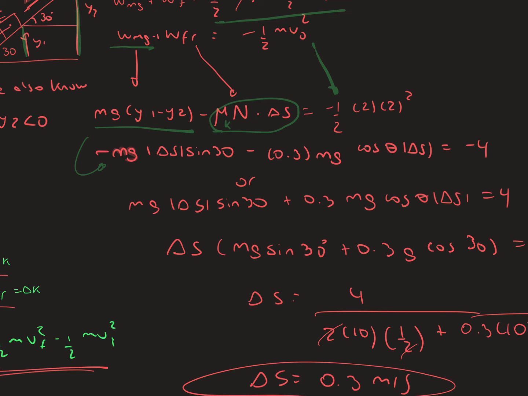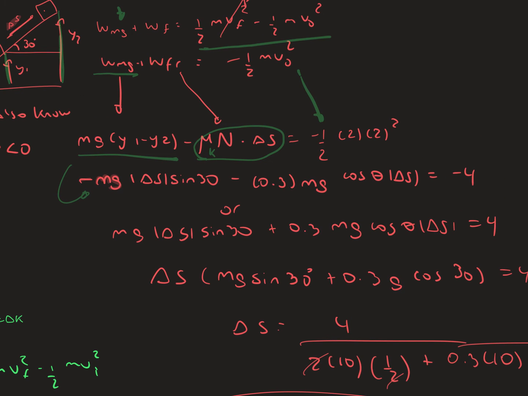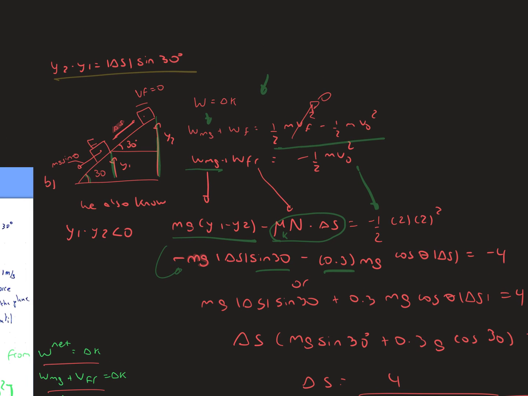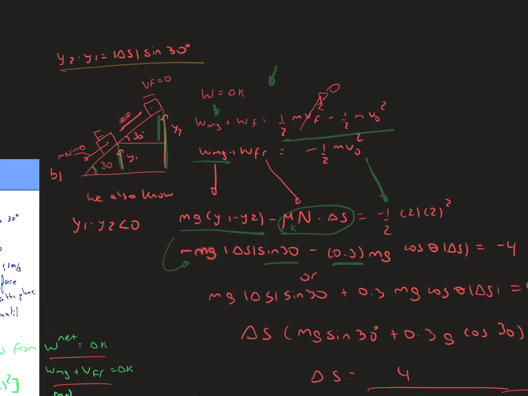Then we can replace y1 minus y2 with the magnitude of the displacement times sine of theta. In this case, it's sine because y1 minus y2 is this side right here, and the opposite of the angle is sine.